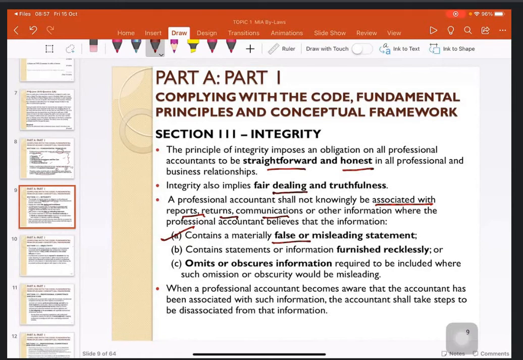Ataupun you tak boleh omit any of the information. Kalau you jumpa, discover anything, you need to disclose it ataupun you need to report kepada shareholders. Okay. So when the professional accountant becomes aware that the accountant has been associated with such information, the accountant shall take steps to disassociate from that information.